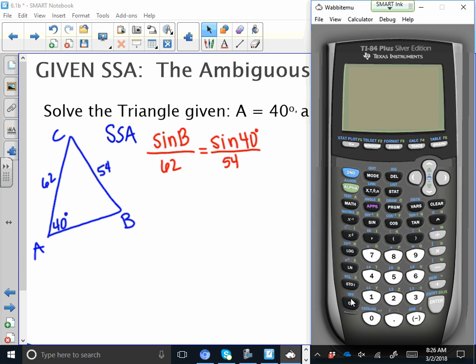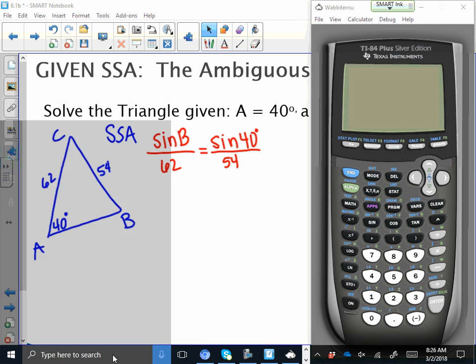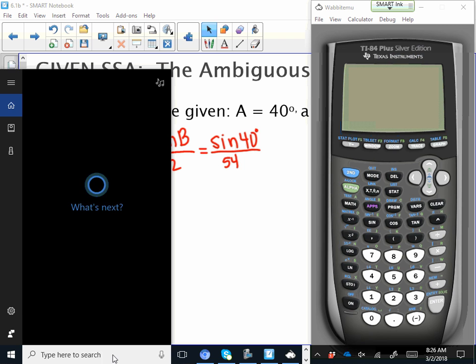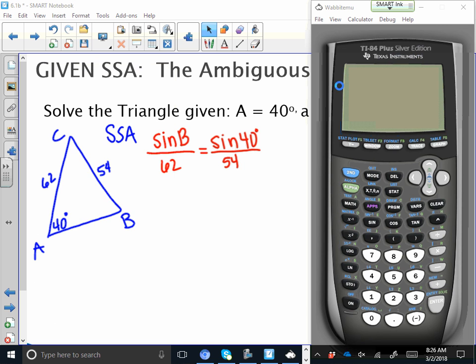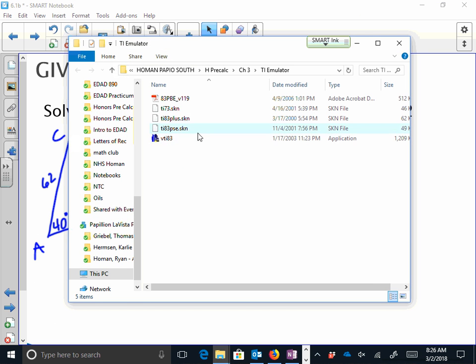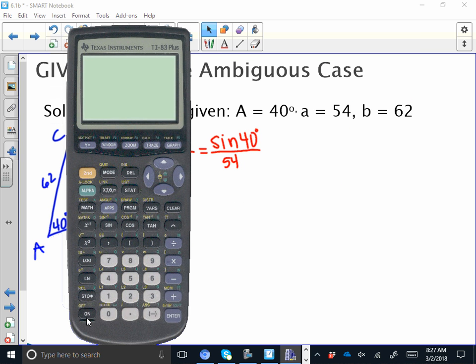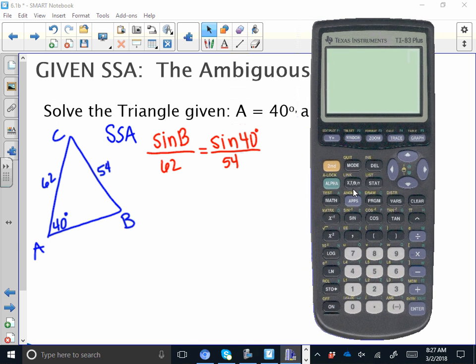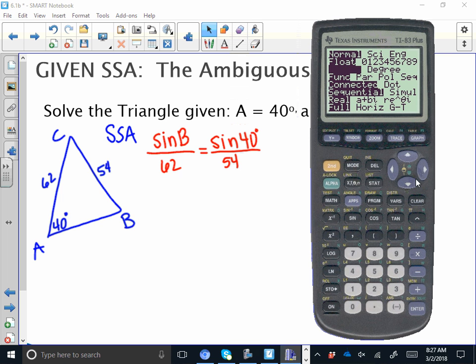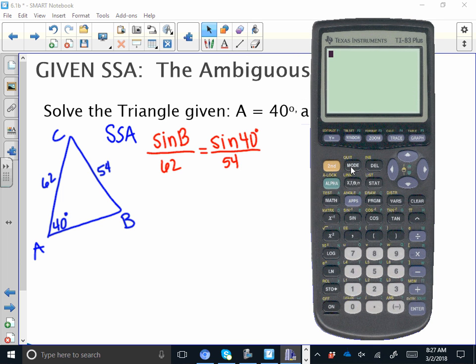Okay. I'm not going to be able to use that calculator, I guess. Okay, I want you guys to be smart with your calculator. That's why I'm doing this.